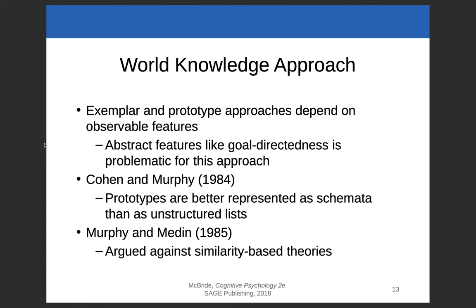Cohen and Murphy talked about the notion that prototypes, remember, the averages of examples, are represented best as schemata, like a network structure, rather than as simple lists. Murphy and Medin argued that theories based on how similar things are to each other don't work very well.